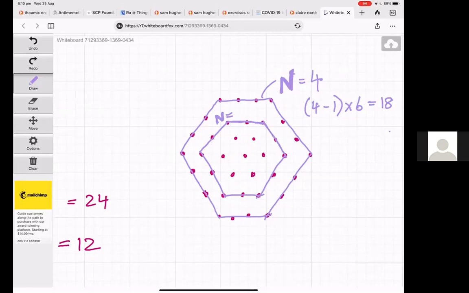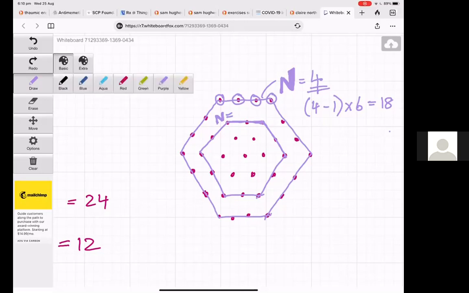So just as a reminder, n is what I write to represent the number of dots on one of the sides. For the big hexagon, n represents the value 4. And for this hexagon, what does n represent?